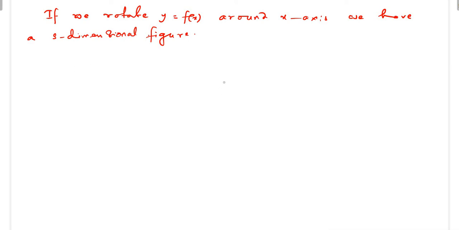And whenever we have a three-dimensional figure, we can have two things: one is surface area and the other one is volume.